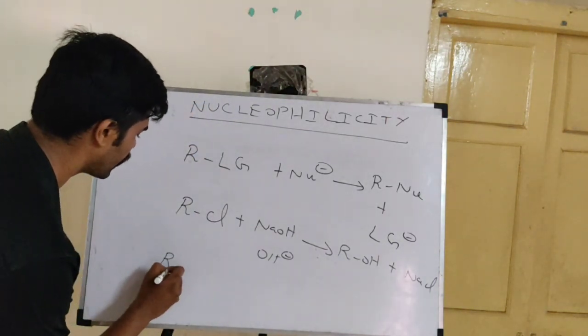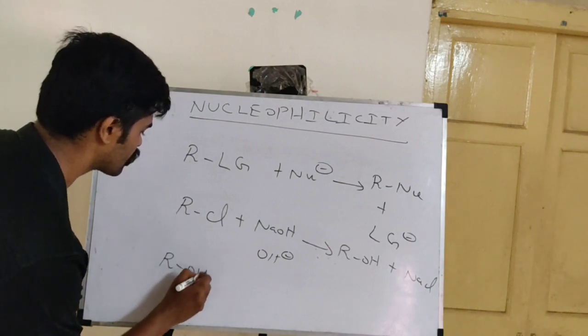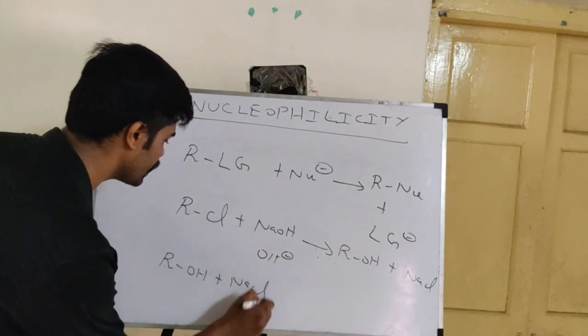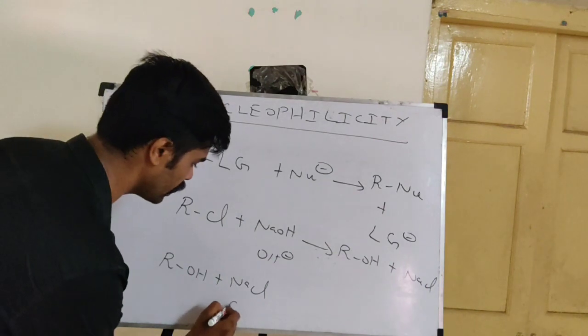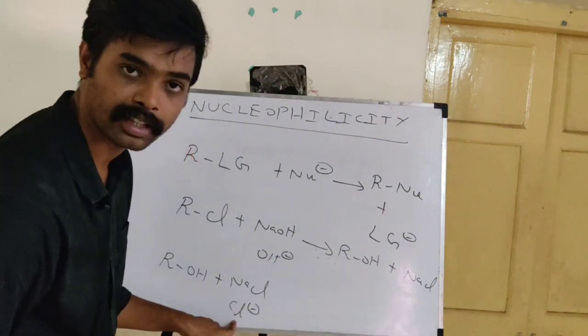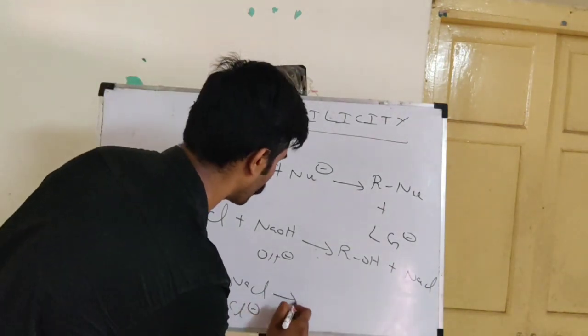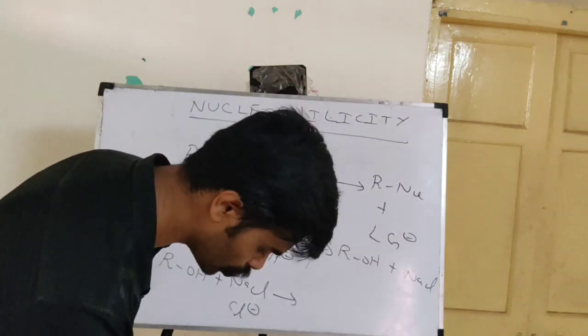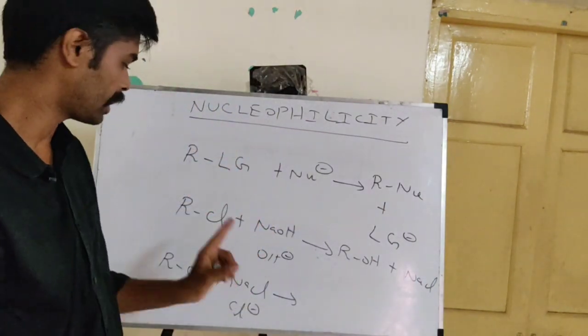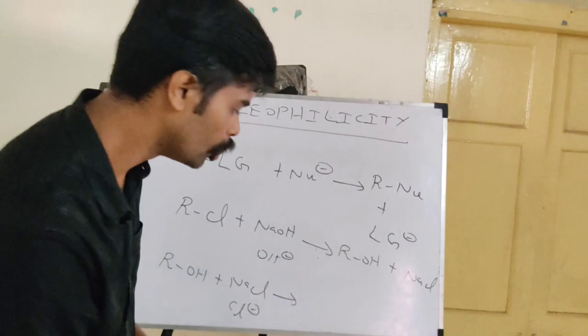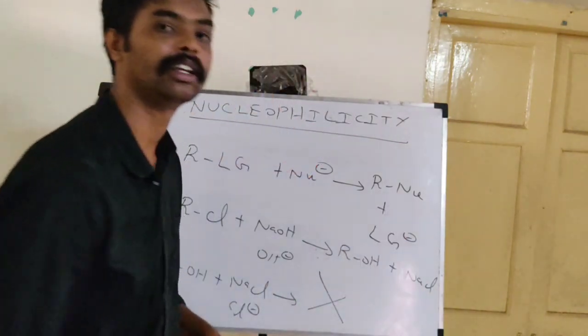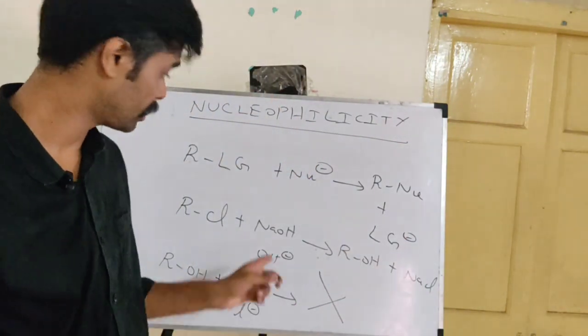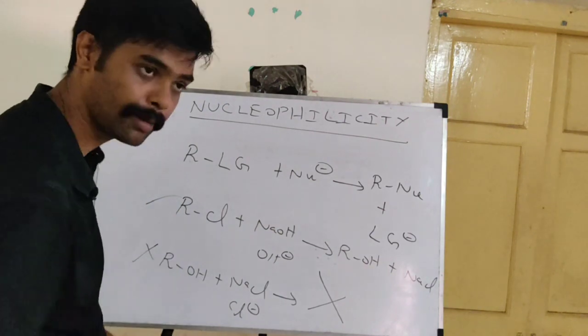I say I have ROH and I put NaCl. Now what you see is I have Cl minus as the incoming nucleophile, and if you expect that this reaction is going to happen, no, this reaction will not happen. The first reaction happens, but this reaction doesn't happen.